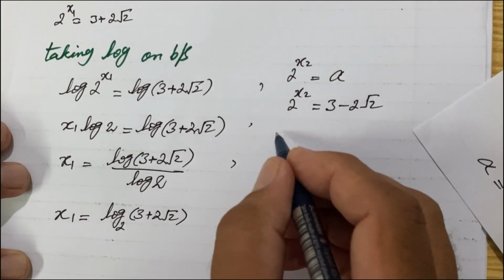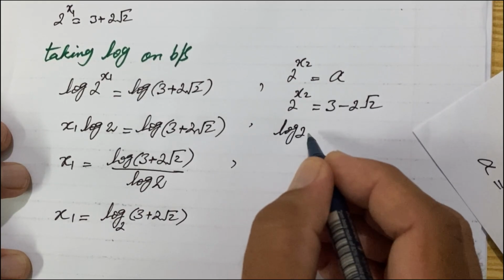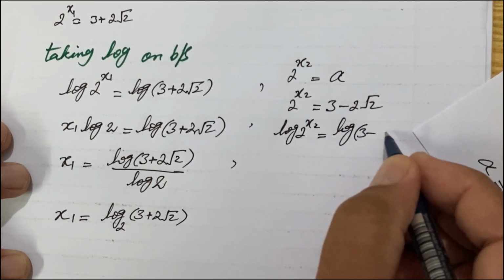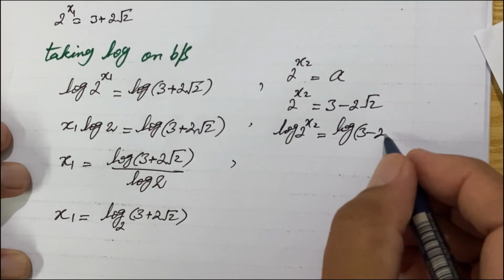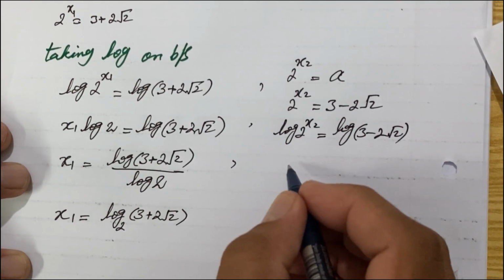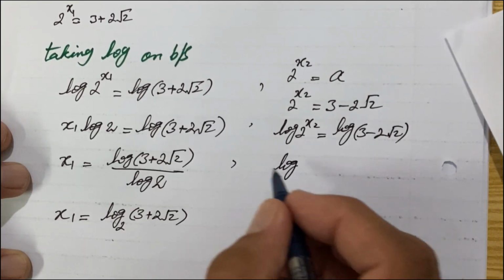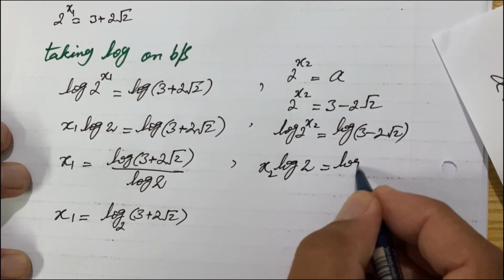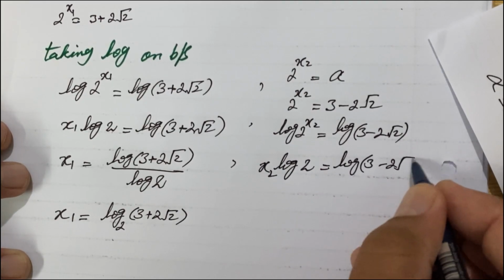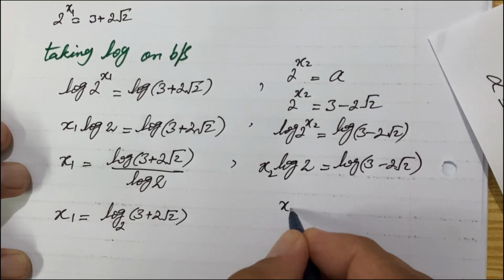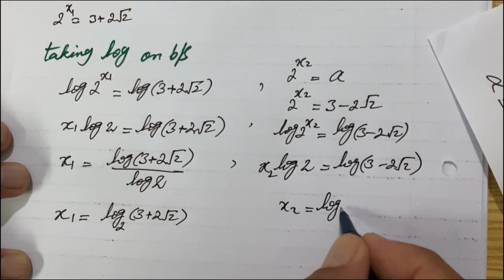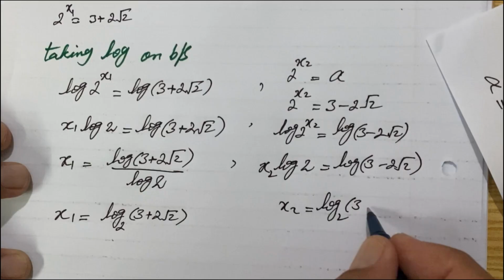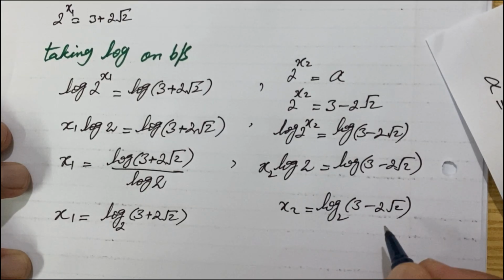Taking log, x2 log 2 is equal to log of 3 minus 2 under root 2. x2 is equal to log of 3 minus 2 under root 2 over log 2, which is our answer.